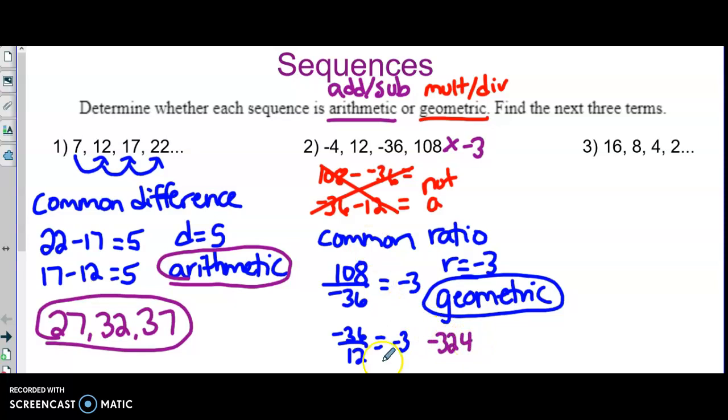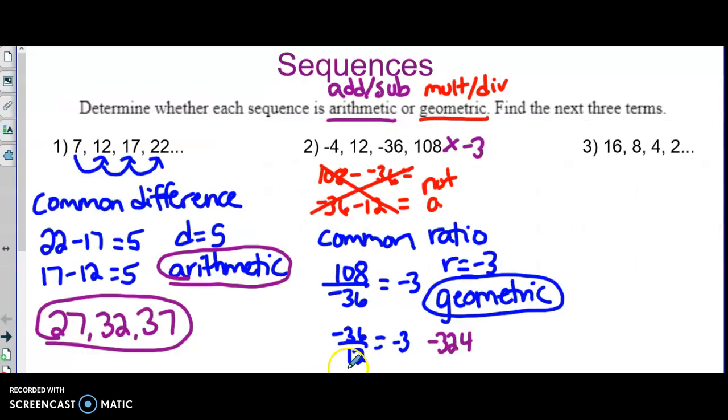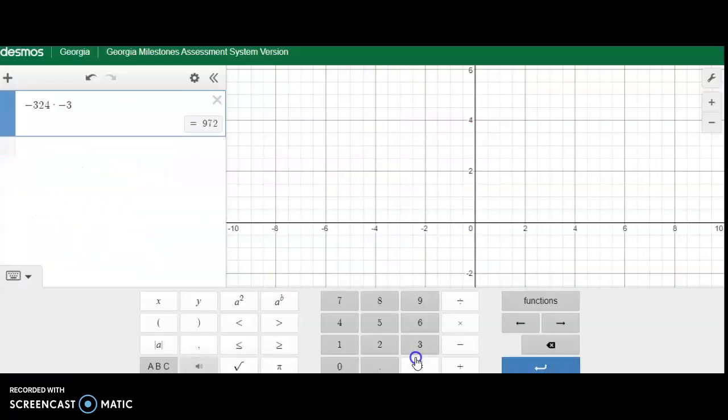And then -324 times -3 is 972. And then 972 times -3 is -2,916.